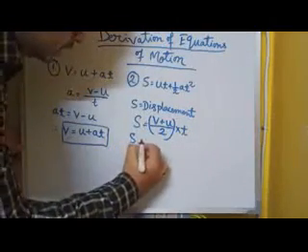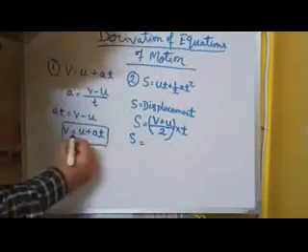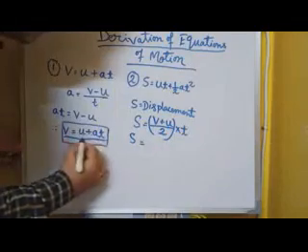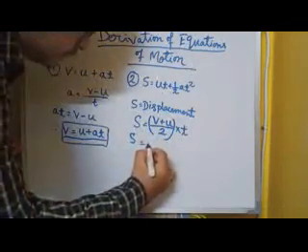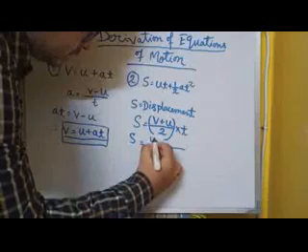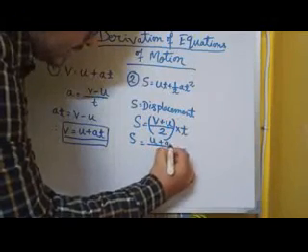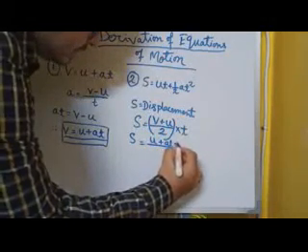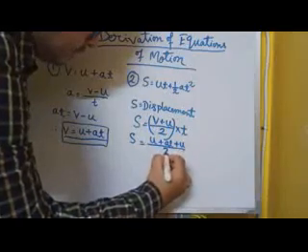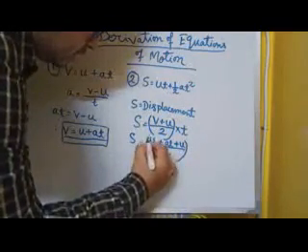We know the value of V is equal to U plus AT, so you put here U plus AT plus U by 2 into T.